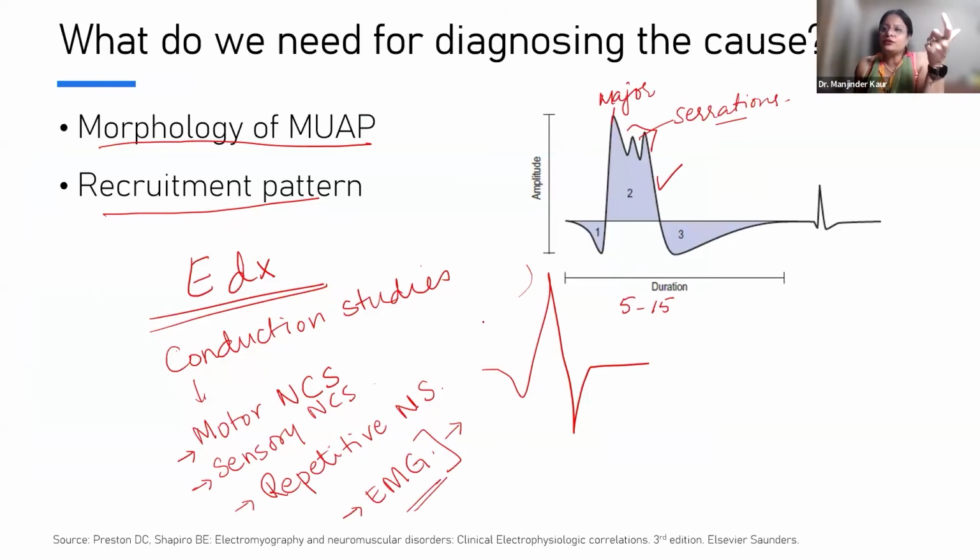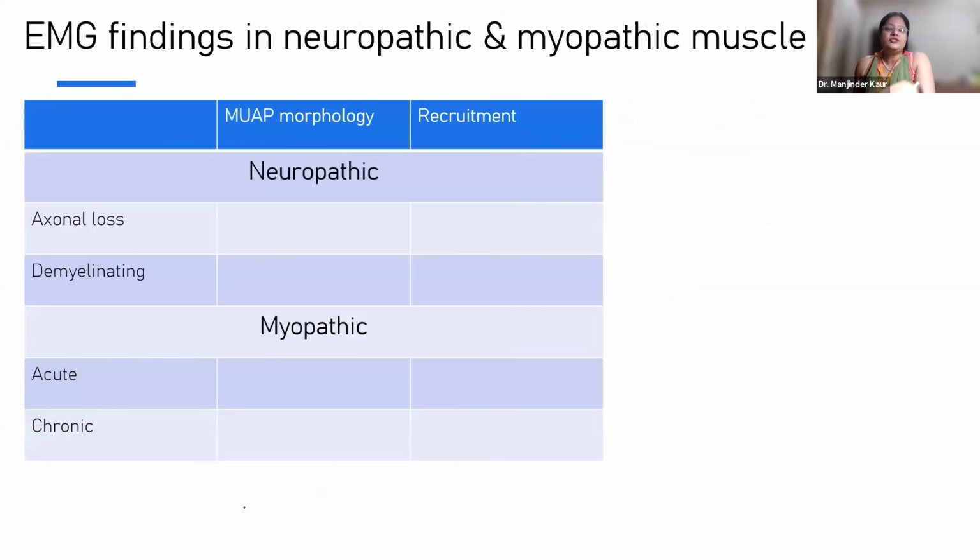But for a neuropathic cause, only EMG is not sufficient. In that case, we have to add up the nerve conduction studies along with the EMG to find out whether there is the axonal loss or the demyelinating type of lesion which is seen in the patient. Now quickly going through, I have summed it up broadly for you so that you are able to answer your PG NEET questions.